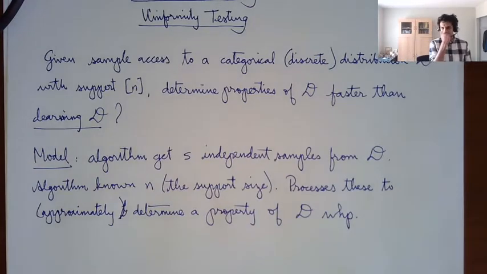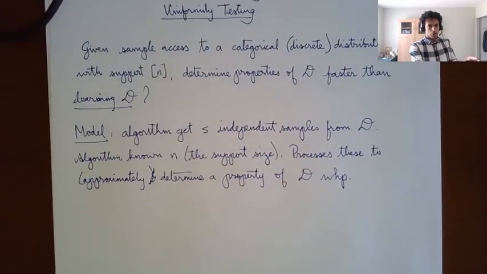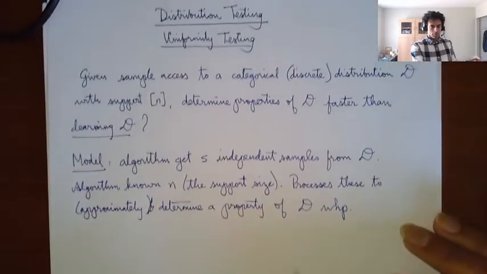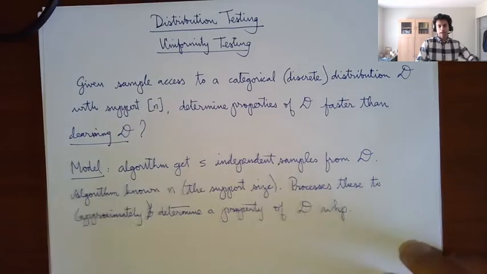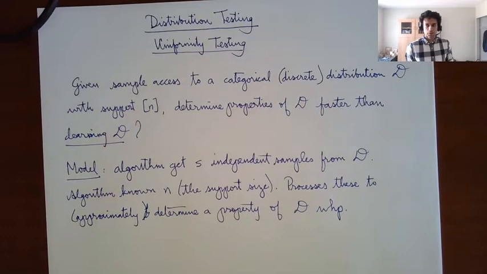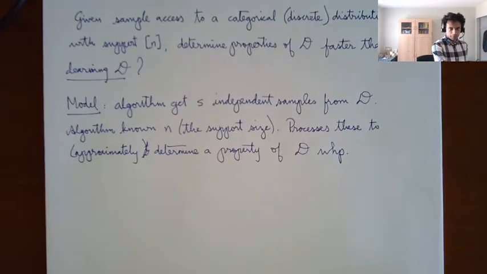So this is the setting, right? So one way to think of it is there is some unknown distribution that we refer to as script D. An algorithm requests S independent samples from this distribution. The algorithm knows the support size, and it processes these to approximately determine some property of D. And I will explain what I mean by some property of D. We'll take some simple examples.